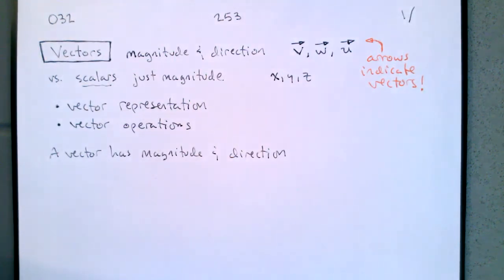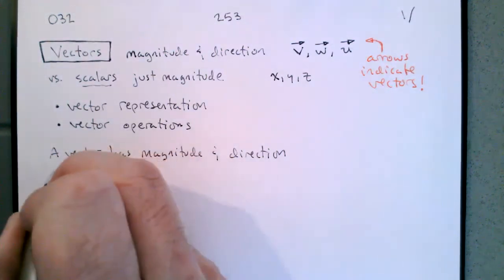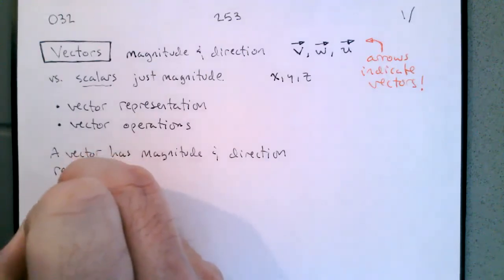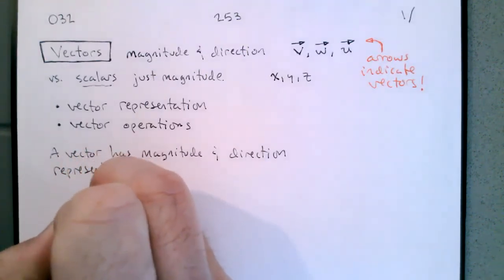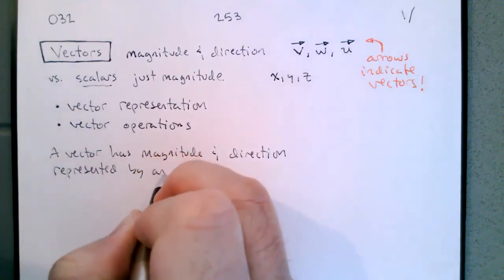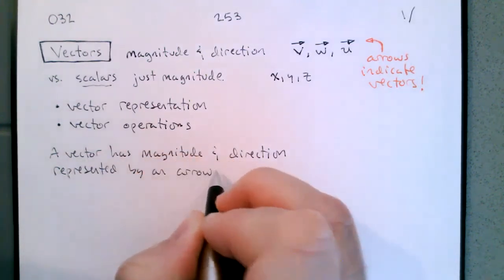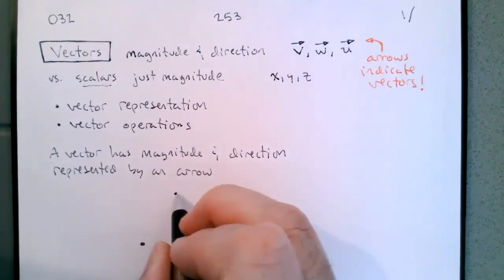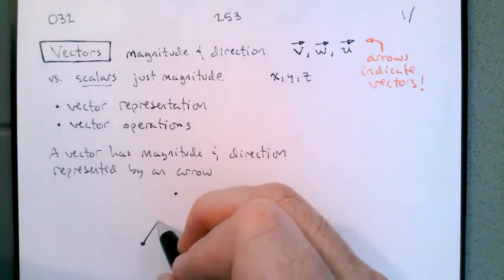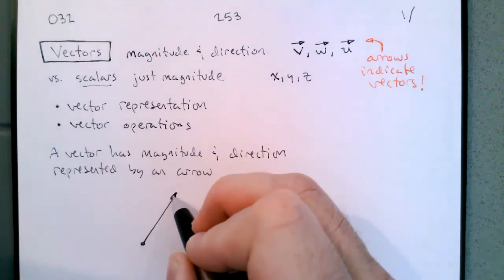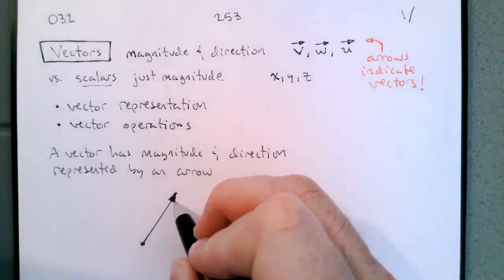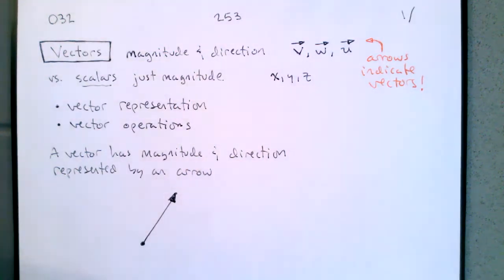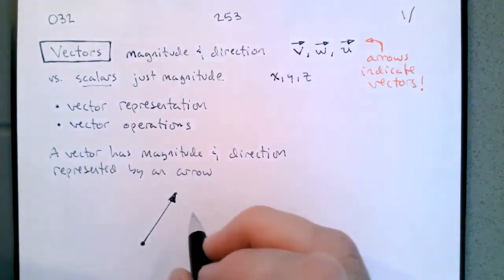And we usually represent these vectors with an arrow. And so this could be the vector V.